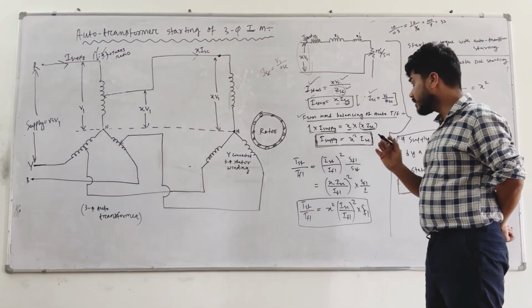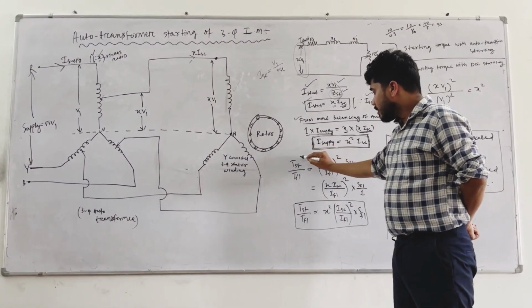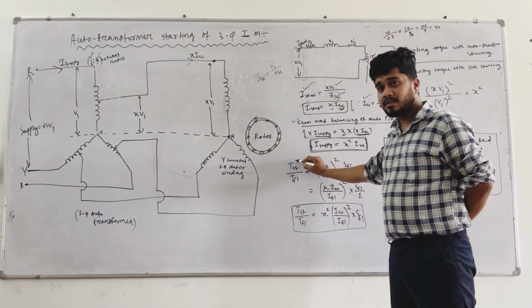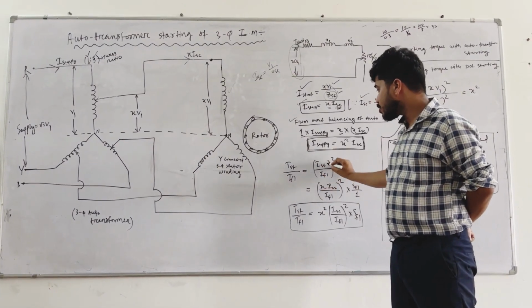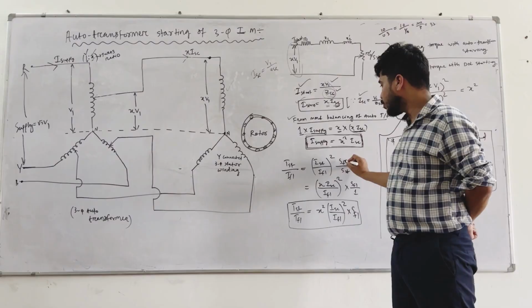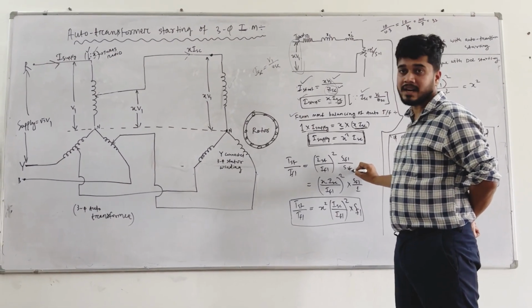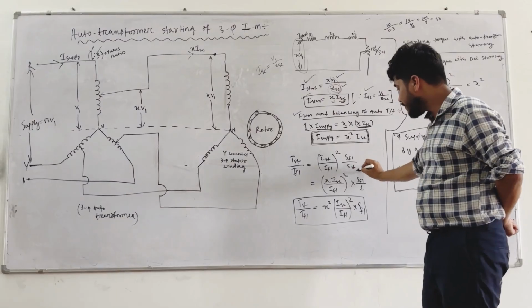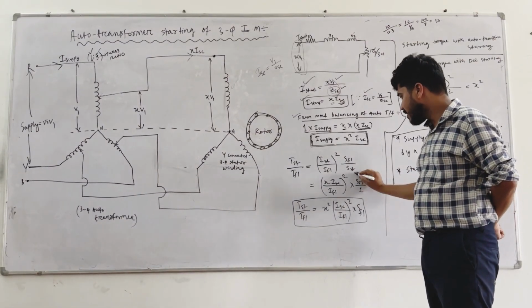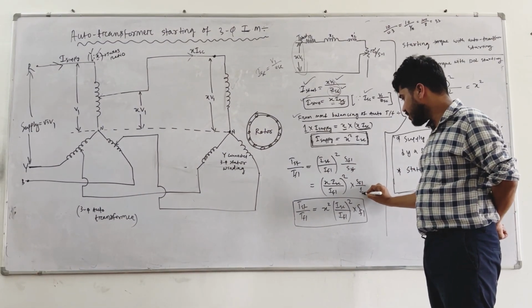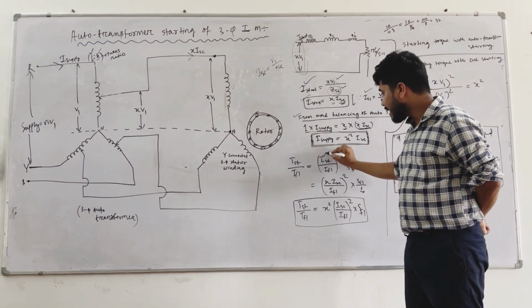Then this formula you already know: the starting torque to full load torque is equal to the starting current to full load current squared, into slip at full load divided by slip at starting. And you know that slip at starting is 1, so I can replace it by 1. And what is the starting current?